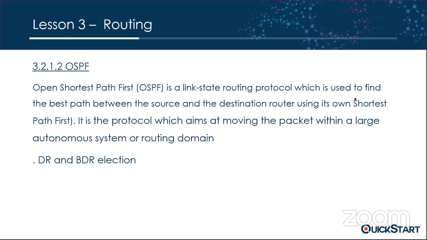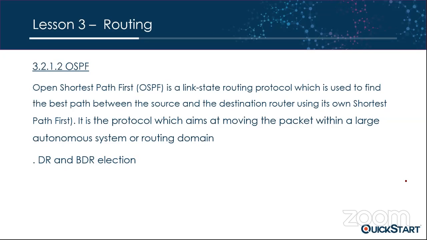A routing domain or autonomous system is a system where you enclose the routers, and you can relate those systems to others as well. You have one autonomous system, and you are connecting to the internet, so that's going to be the second autonomous system. So your network would become an autonomous system.